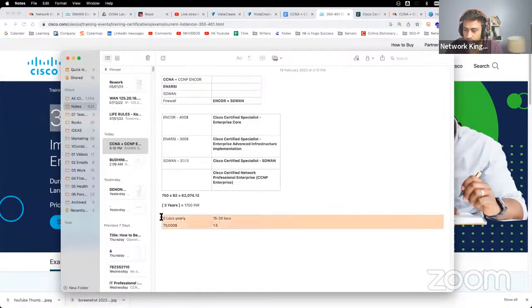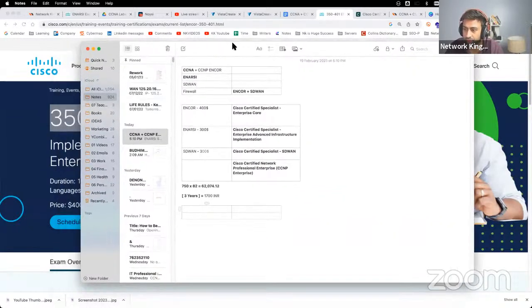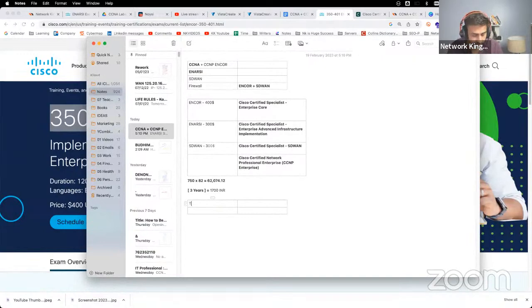So this is 99% the same timing we are going to do the batch. That's Tuesday, Thursday, and Friday, and the timing is 10 p.m. IST. I was thinking to start at 9:30, but no worries.